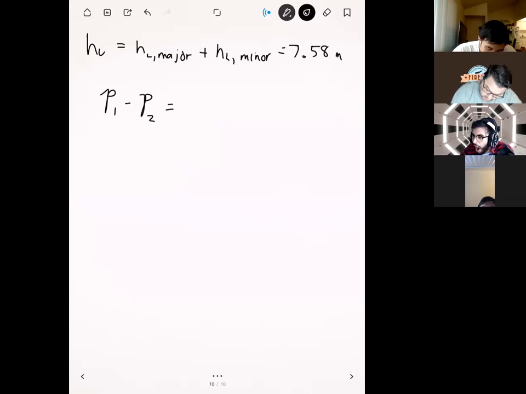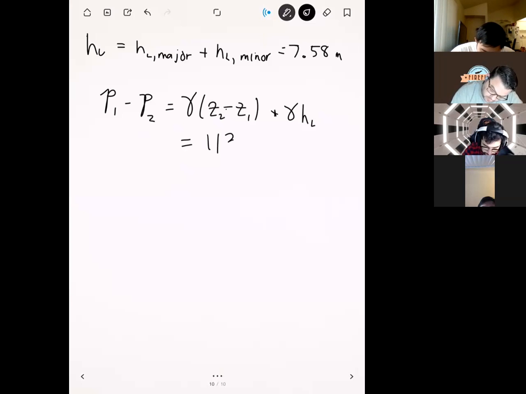P1 minus P2, remember, is gamma times Z2 minus Z1, which we already determined at the beginning, plus gamma times HL. We plug all this in and we get a pressure difference of 113.5 kilopascals.